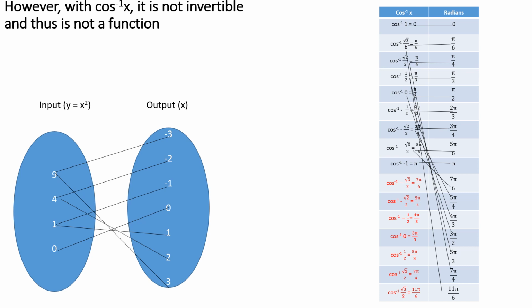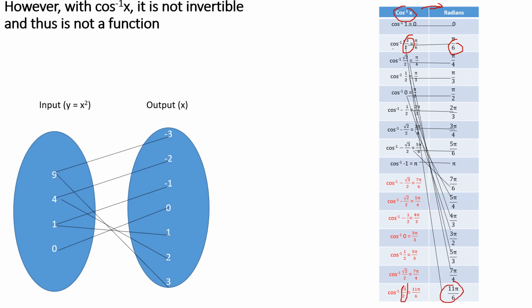So now we've got the inverse of this, cosine negative 1 of x, or the arc cosine, goes to radians. And what's happening here is, we looked at this one, cosine negative 1 of square root of 3 over 2. Now we've got pi over 6, but here's pi over 6 here, and then I've got square root of 3 over 2 at 11 pi over 6.